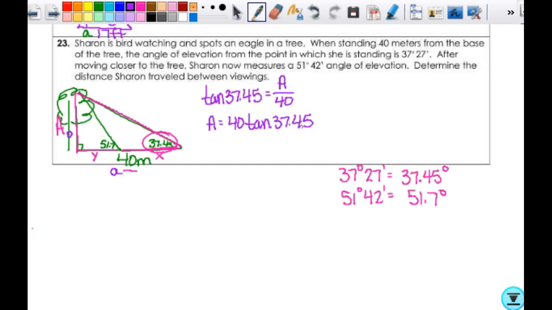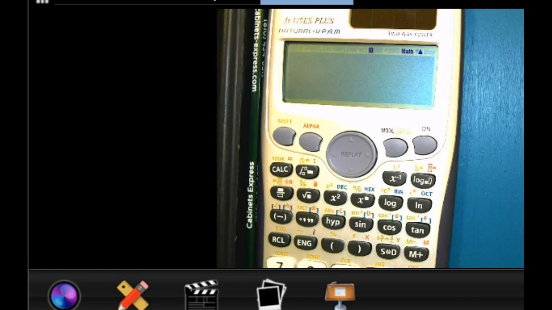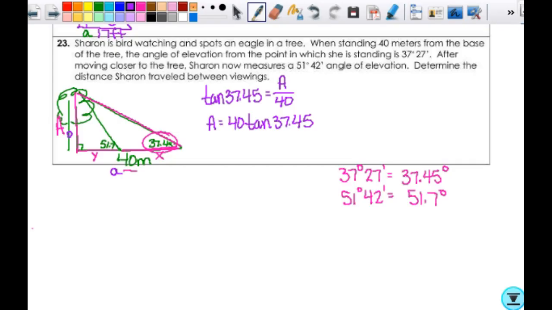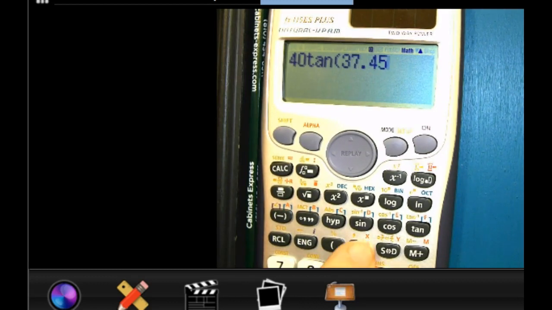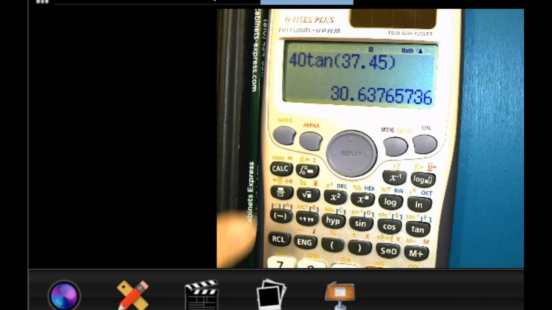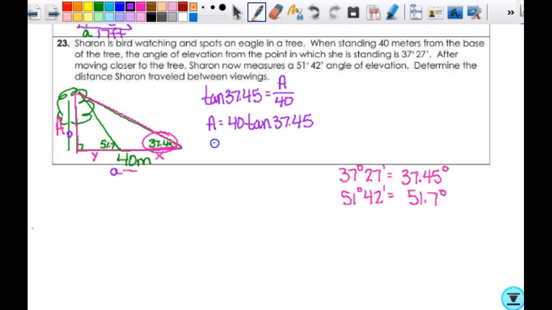So remember, on these calculators, what we're going to do is 40 times the tangent of 37.45, and I'm going to get that number, and then I'm going to store that. So shift recall, I'm going to store it in A. So I get A is 30.637 and so on. So it's stored in there, and I know that A is equal to 30 something.